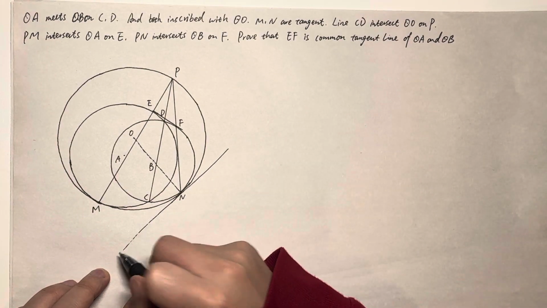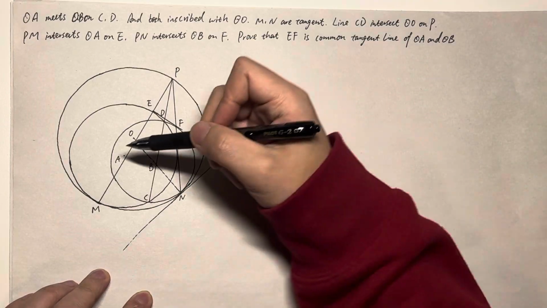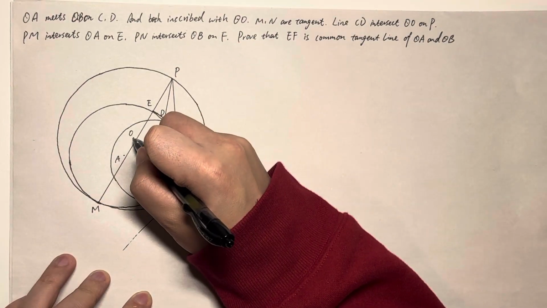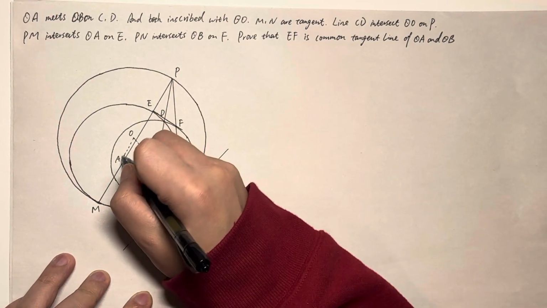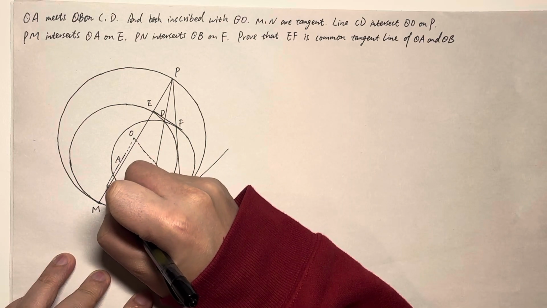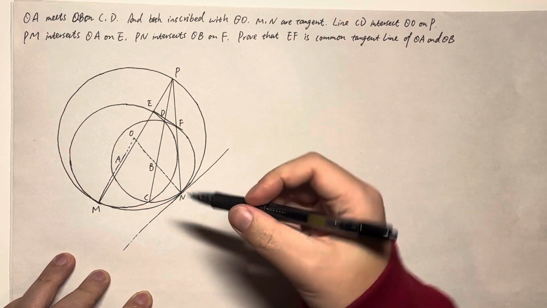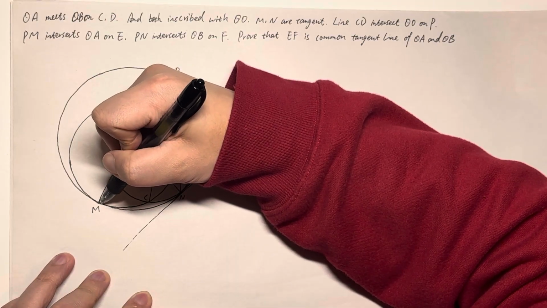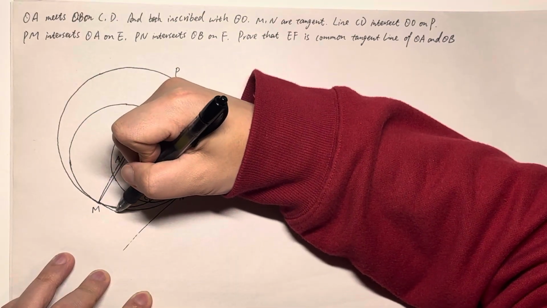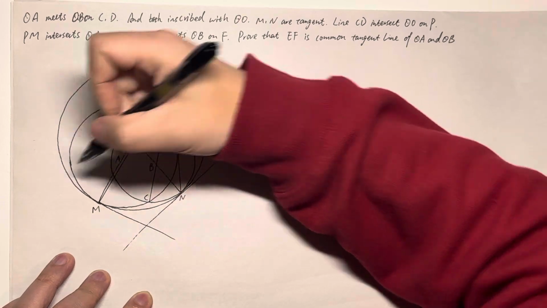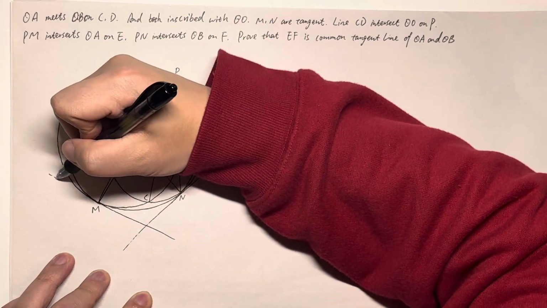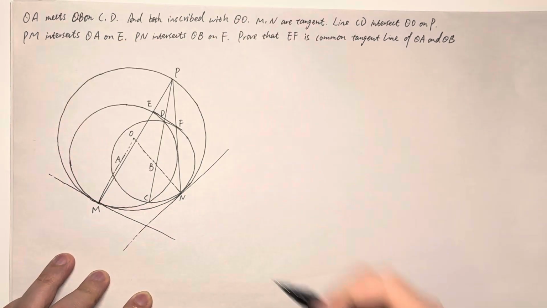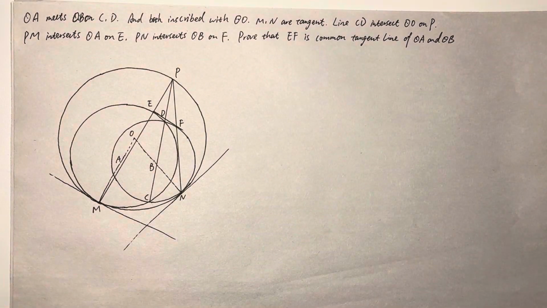And for point M, we know that O, A, M are collinear, and the tangent line is perpendicular to OM, so just draw it like this. That's the first thing we do.